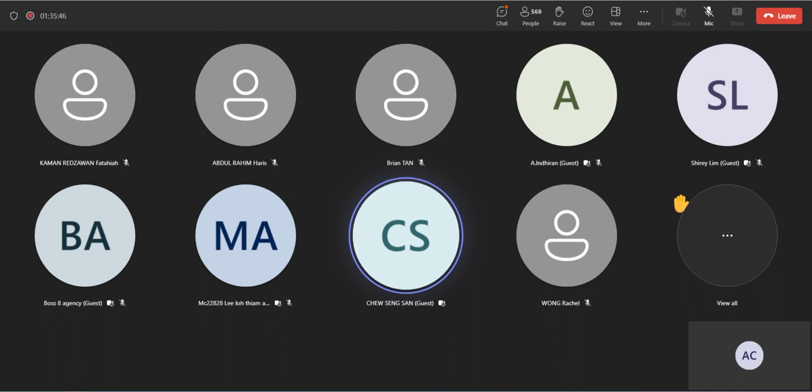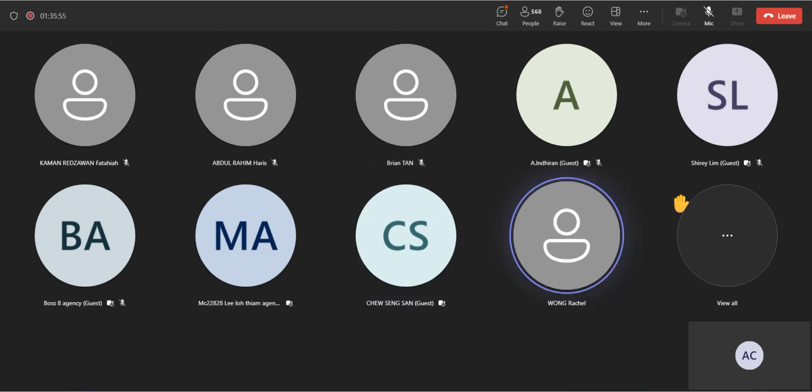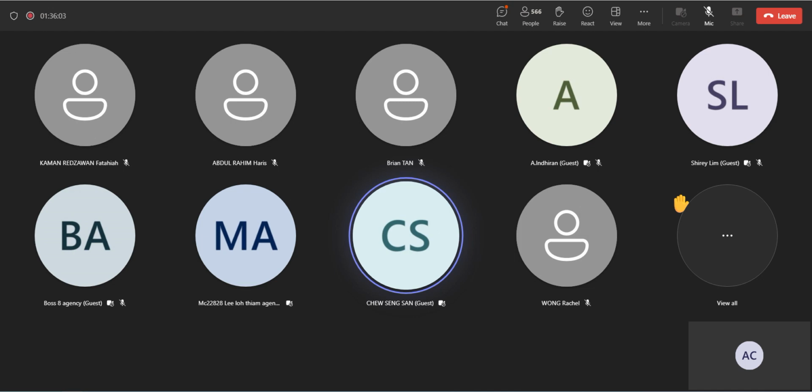Okay, so the family member does not need to answer the questionnaire, right? No, currently the questionnaire is not provided for the spouse. Oh, no need to answer, just the policy owner.